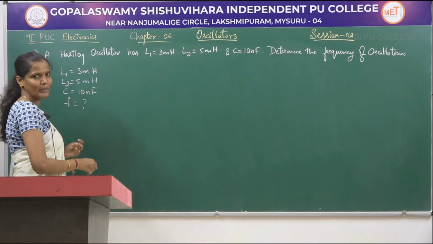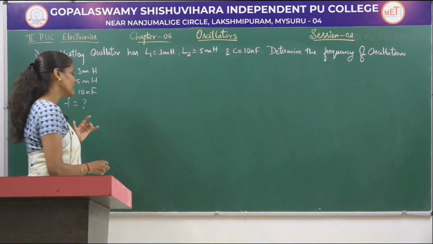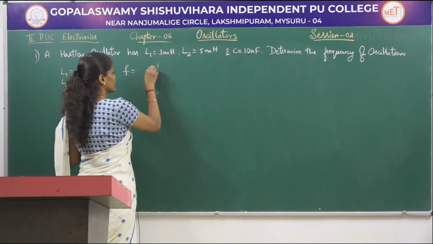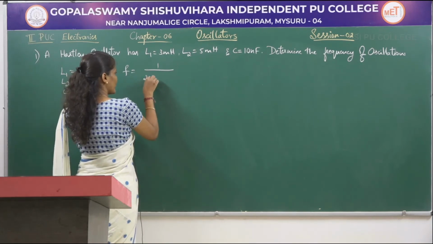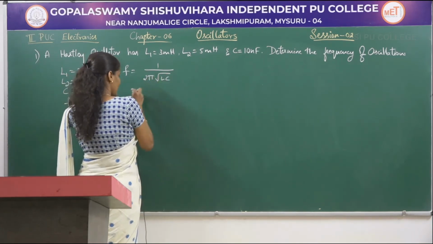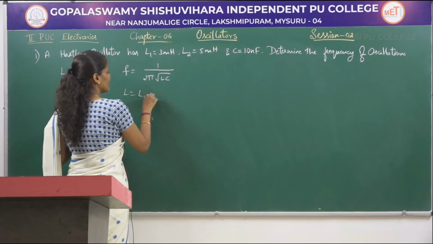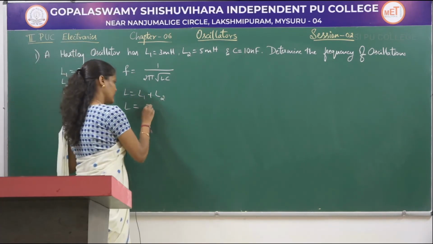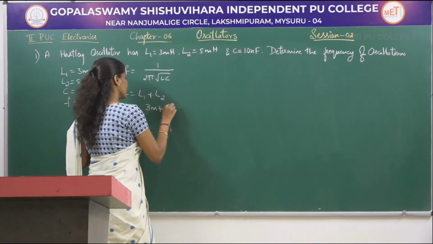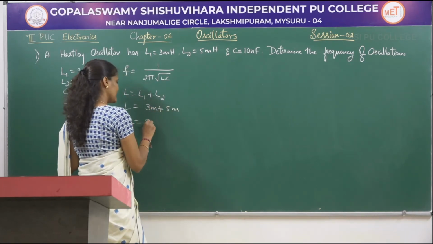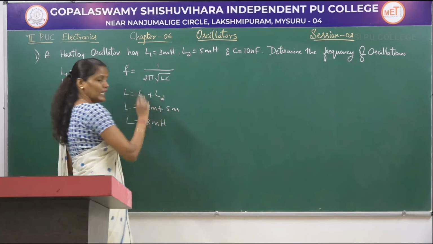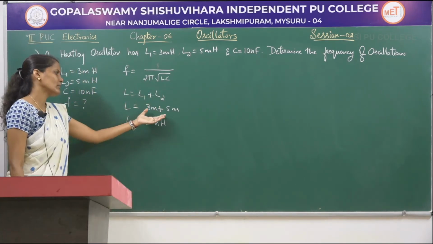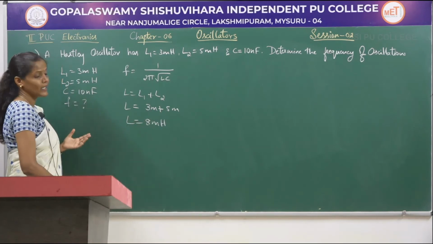Here they have clearly mentioned it is a Hartley oscillator, so you can use the direct formula where F is equal to 1 divided by 2 pi root LC, where L is nothing but L1 plus L2. L1 is given as 3 milli, L2 is given as 5 milli. So L is equal to 8 millihenry, the sum of these two.